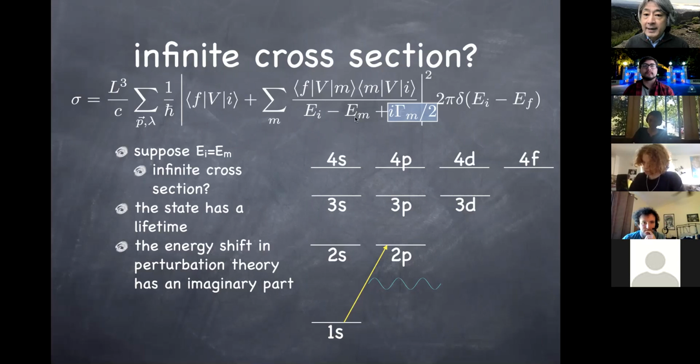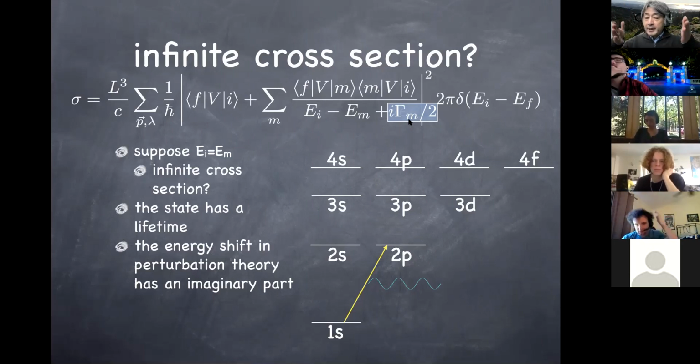So it turns out that the energy of this intermediate 2p state has now acquired an imaginary part, which is gamma over 2. And the way you can intuitively understand it is that when you look at the time evolution of a state in the Schrödinger equation, it goes like e to the minus iEt over h bar, right?